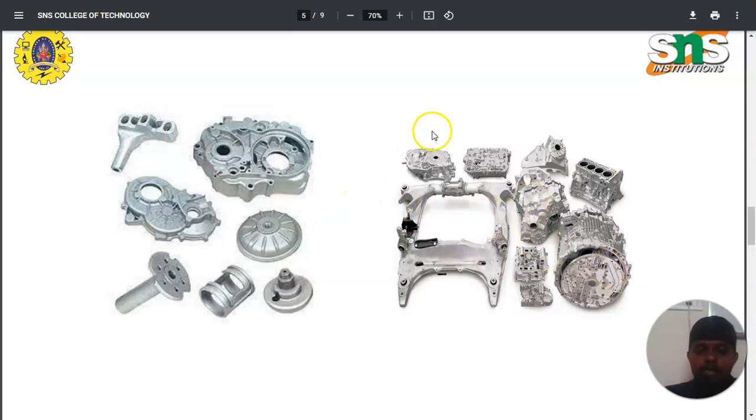All these components in the engine are majorly manufactured only with the help of casting.